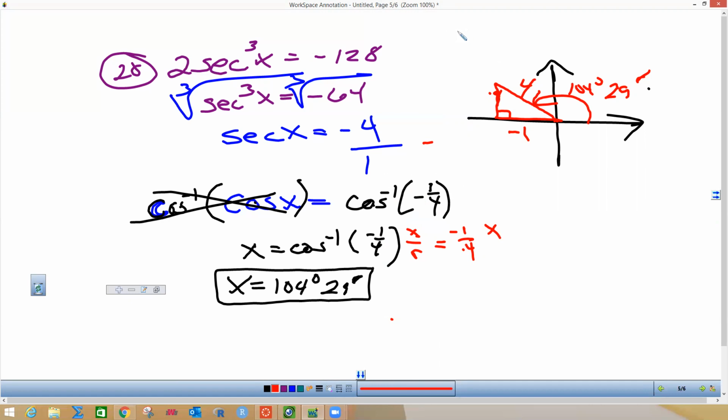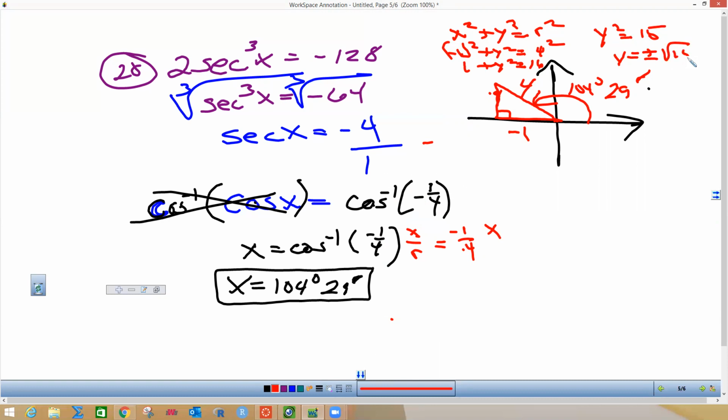Now, I'm going to do x squared plus y squared equals r squared. So negative 1 squared plus y squared equals 4 squared. So 1 plus y squared equals 16, so y squared equals 15. So y could be positive or negative radical 15.